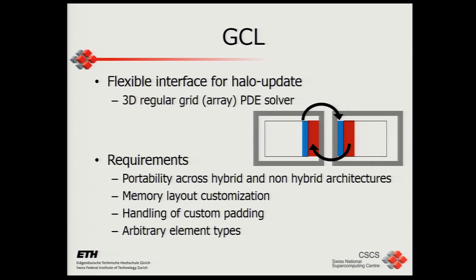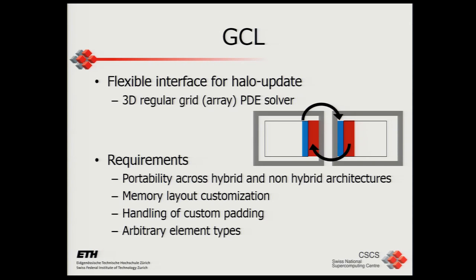In our case, we're working with regular grids, 3D arrays, and we basically need to update the borders of these 3D arrays with neighboring MPI tasks. And this operation is implemented with the GCL.